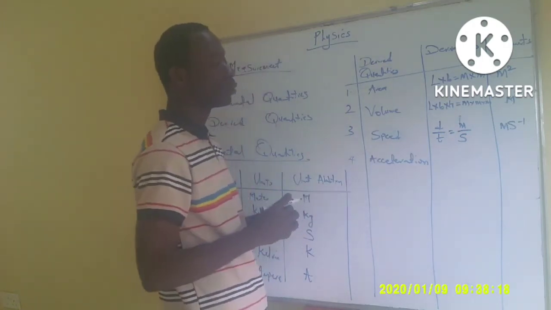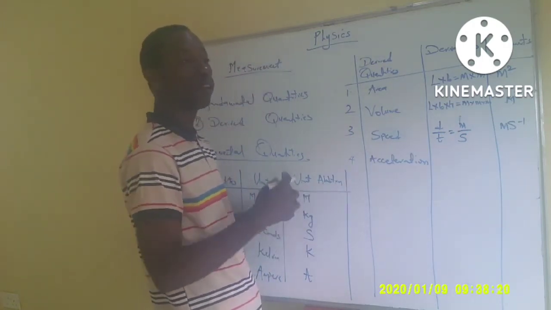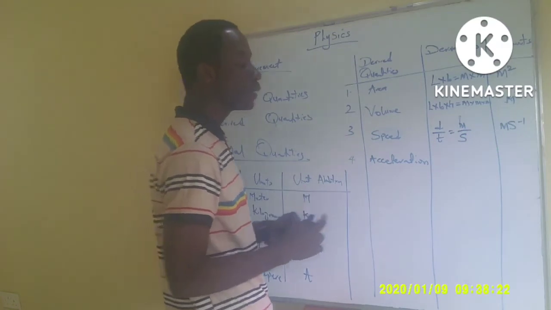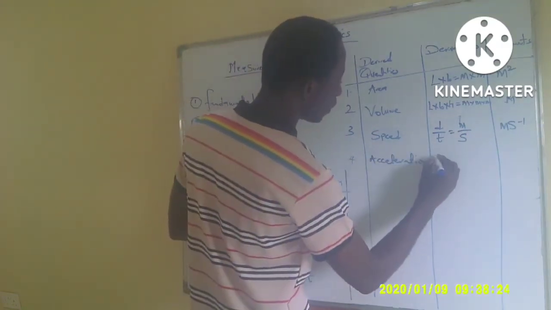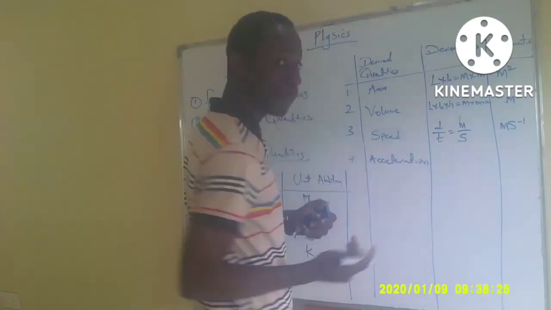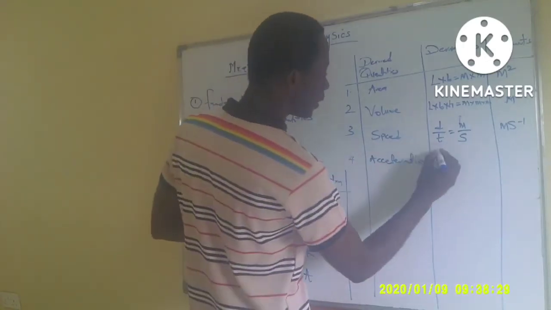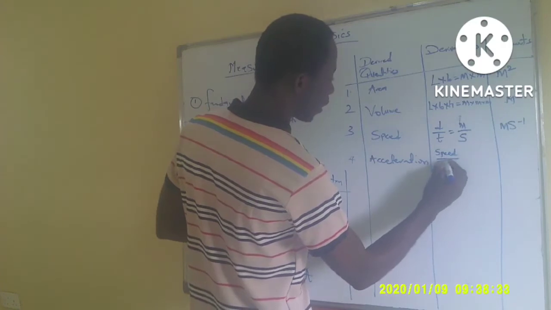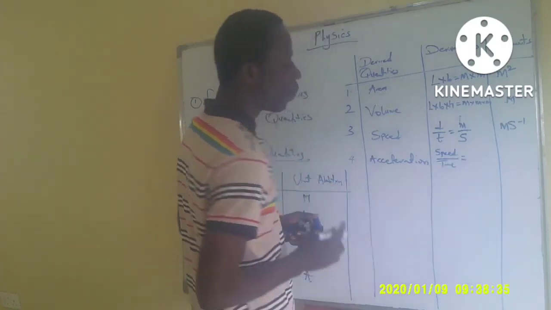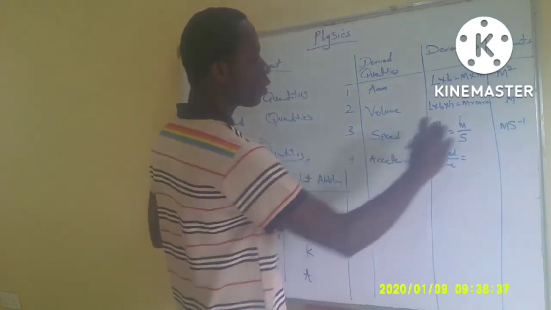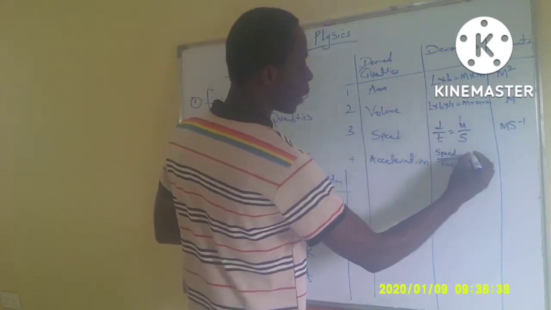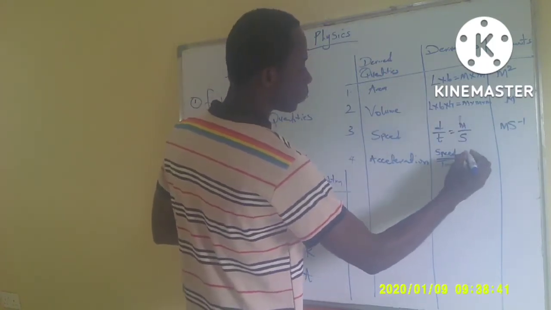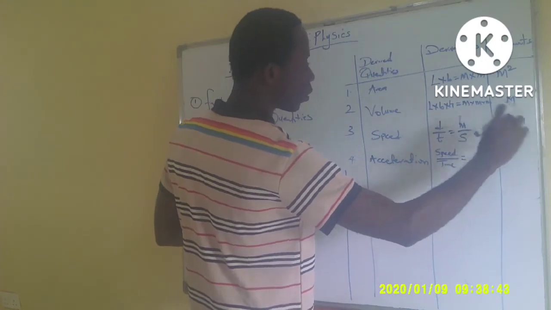Acceleration is actually the rate of change of velocity with time. So you can see acceleration is actually speed in a specified direction with time. So I can say acceleration is speed over time. So what's the unit of speed? The unit of speed gives us meter per second.